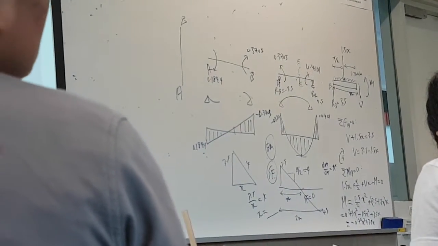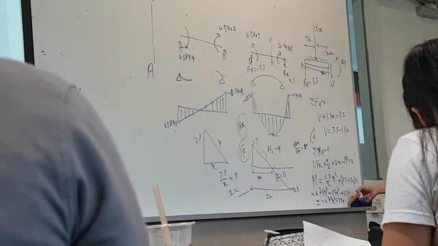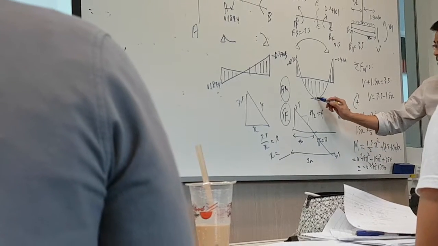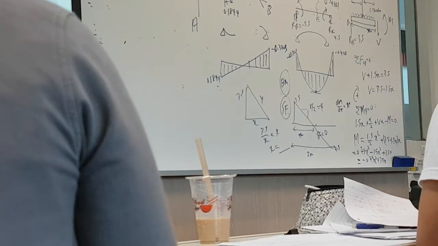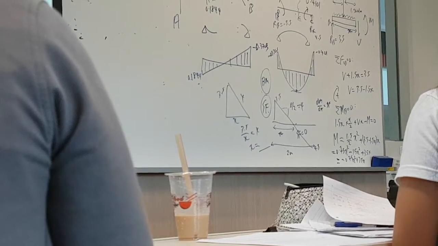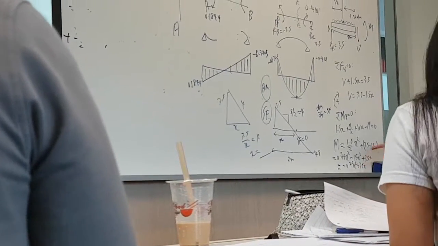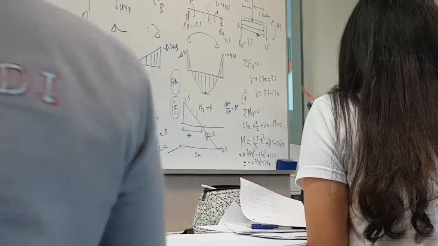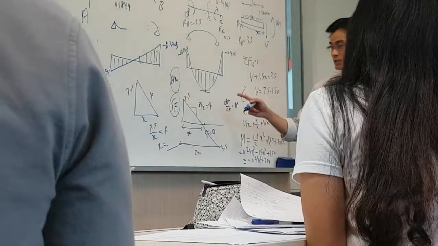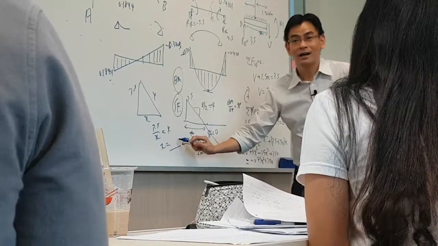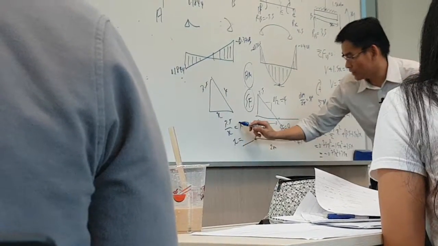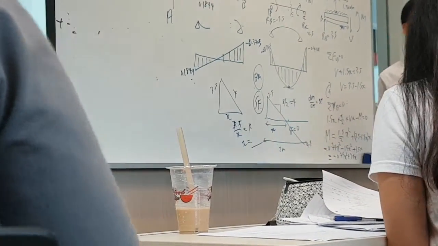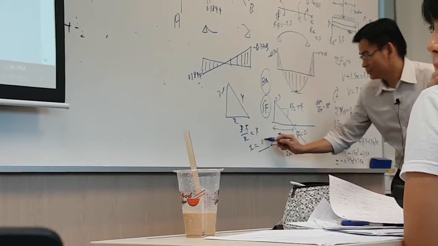Agree? So by the method of sections, you got your M. Now how do you find the value here? You determine your x value. What is 3.5 divided by 4? 0.875.